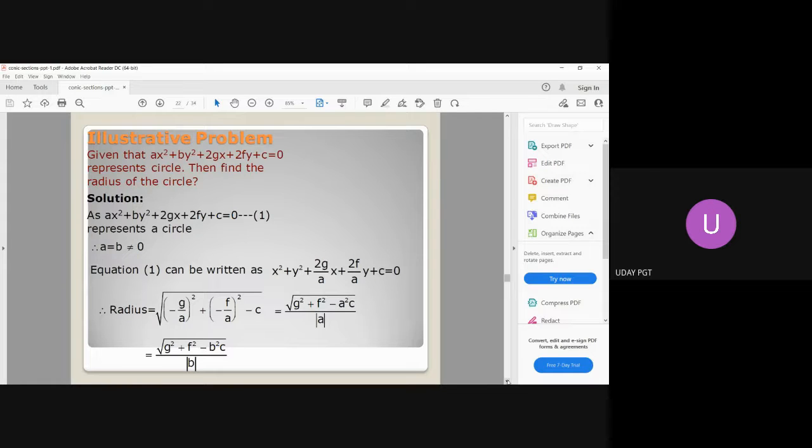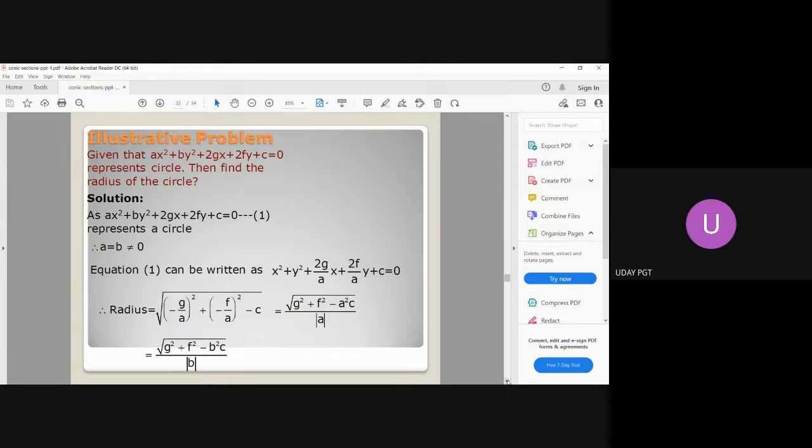When the given equation is ax square plus by square plus 2gx plus 2fy plus c equal to 0 and represents a circle, find the radius of the circle. To represent a circle, a and b should be equal. That's why we divide the complete given equation by a.